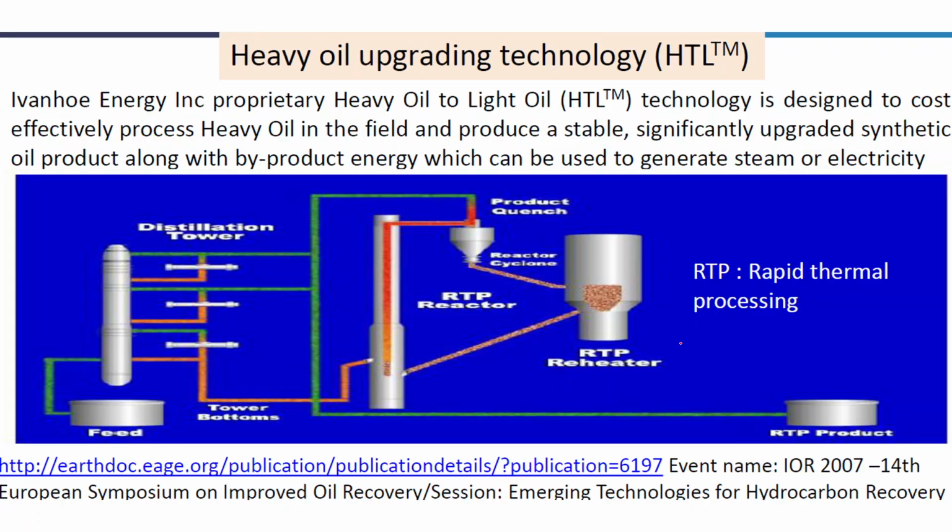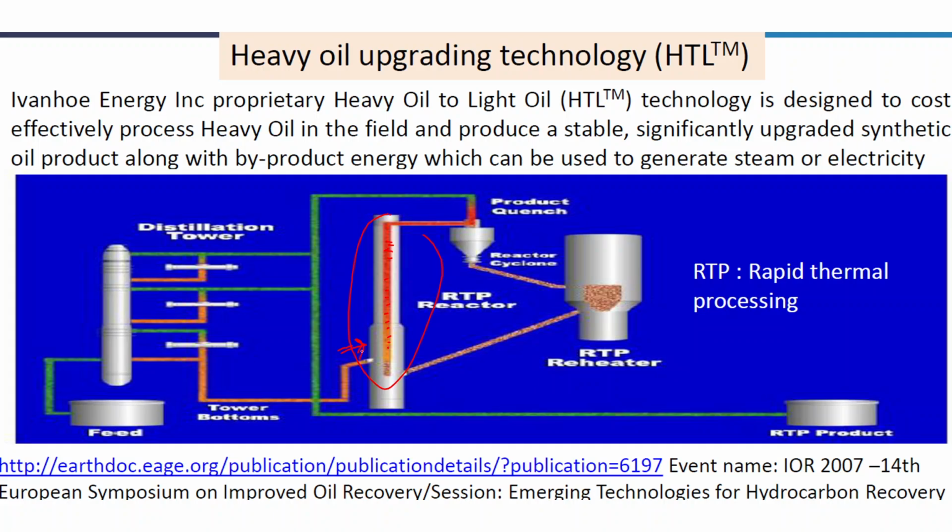Some of the techniques are the heavy oil upgrading technology. This is the main reactor, and the feed is taken here. It is a packed bed consisting of heated sand.